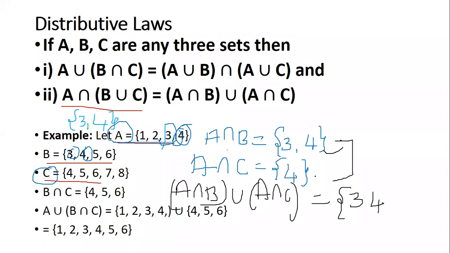Now A intersection C, 4 is there, so 4 is already available. So the answer on both sides is 3, 4, which means we have proved the distributive law. On one side, A intersection (B union C) is 3 and 4. On the other side, (A intersection B) union (A intersection C) is also 3 and 4.